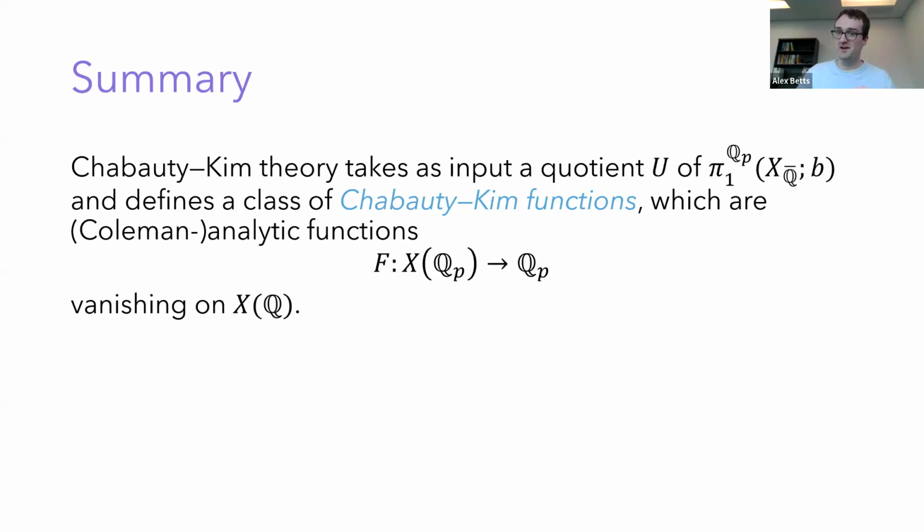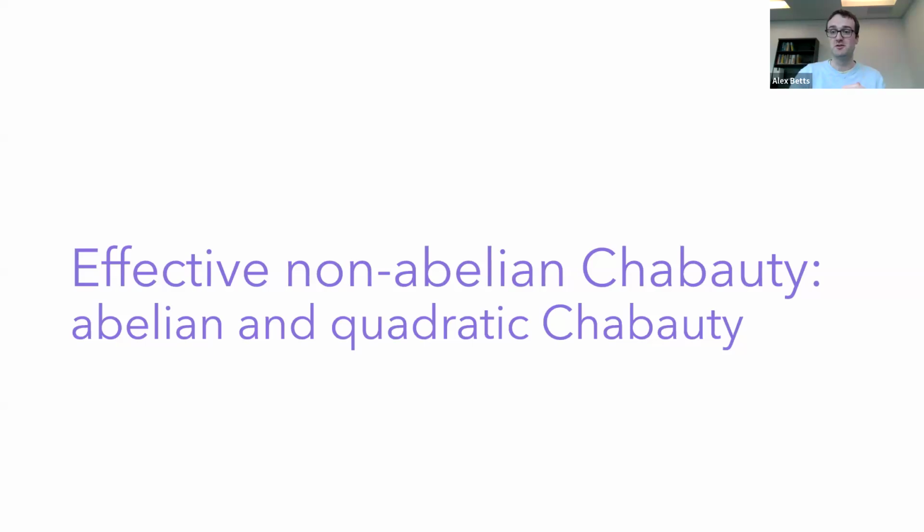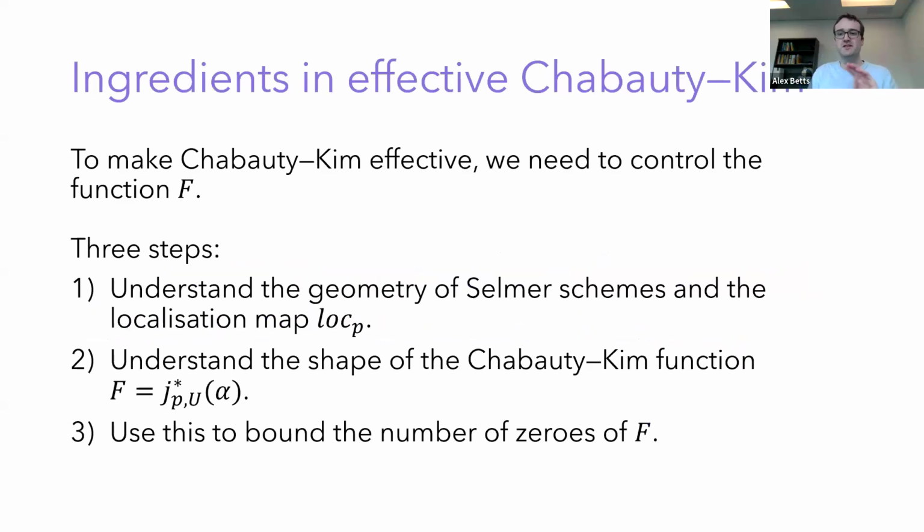If one wants to make this all effective, then you need to understand better what these functions f that you are getting out of the method are. To do that, I think there are three steps you want to pursue.